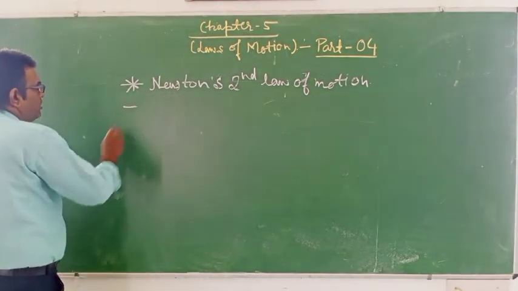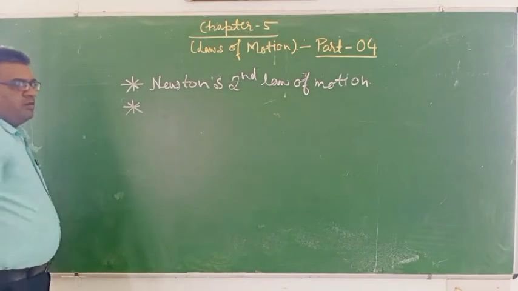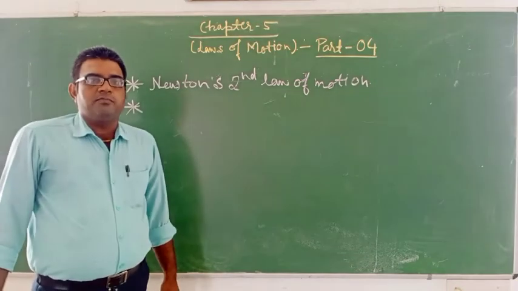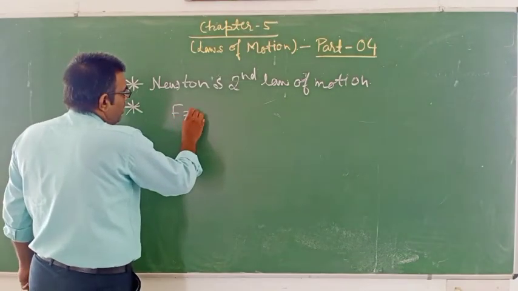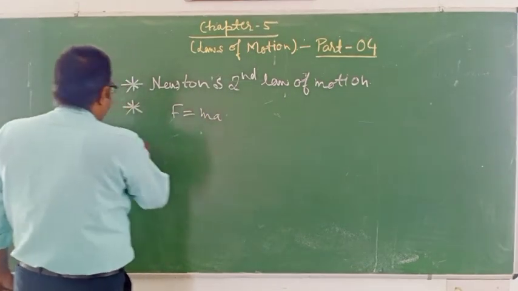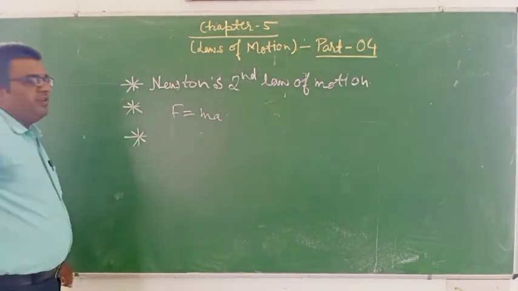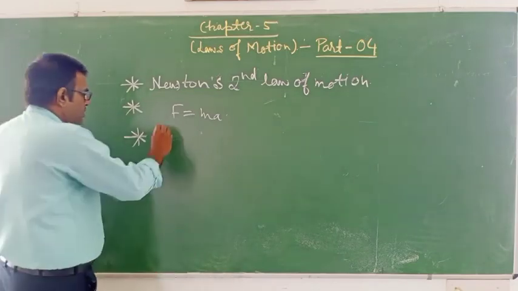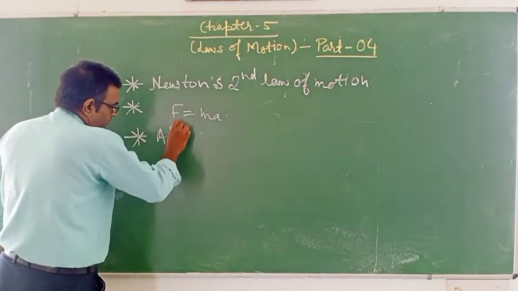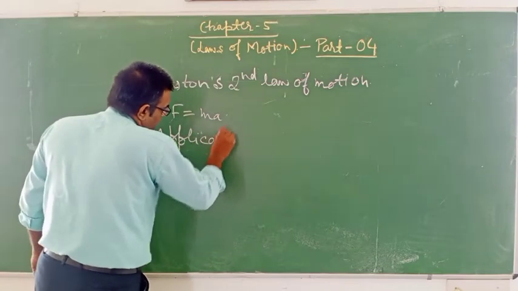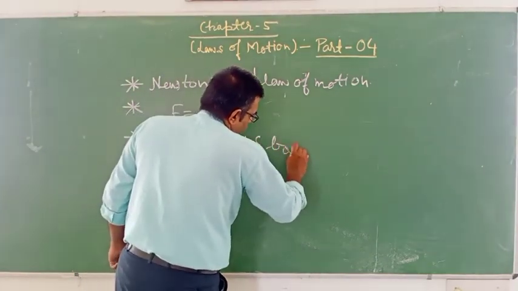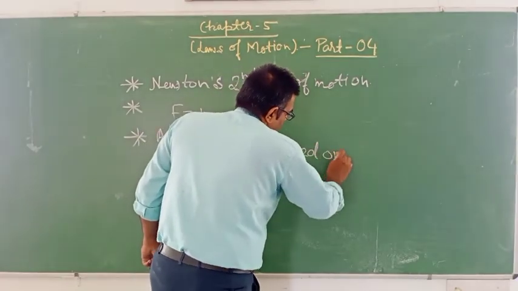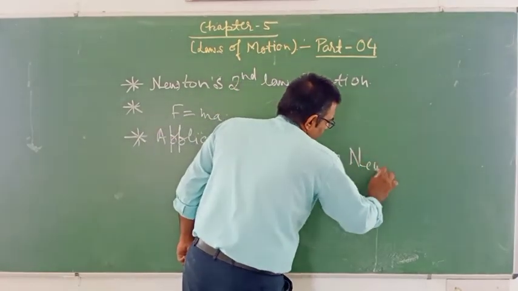Then, on the basis of force is equal to rate of change of momentum, we derived the relation F is equal to ma, and after that we discussed some applications based on Newton's second law.